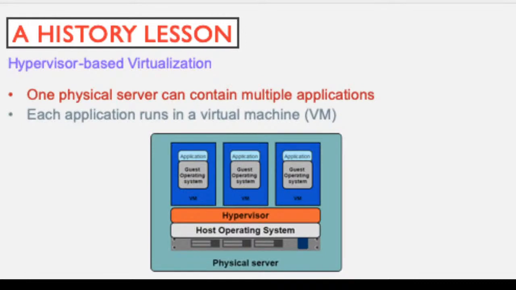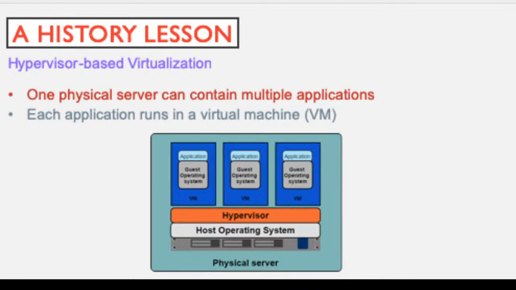So again, when you look at the history lesson, we have something called hypervisor based virtualization. What is hypervisor based virtualization?